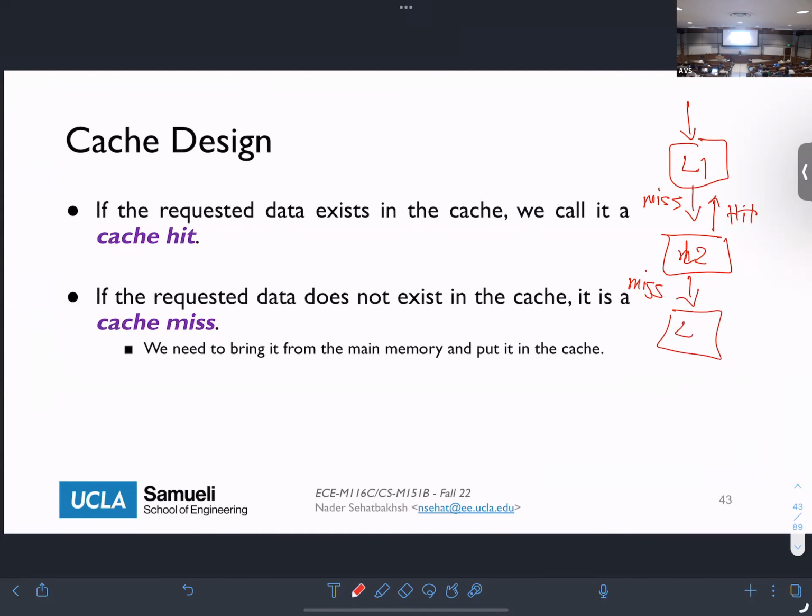We go to L3 and then read it. If it's there, it's a hit in L3. If it's not, we go to our main memory. If it's not in main memory, we go to the disk, and eventually it will be in the disk, right? So if you're really addressing something that you have used before, it will be somewhere. You just have to find it, right? So in each level, you're going to have a cache miss or cache hit for L1, L2, and L3. Okay.